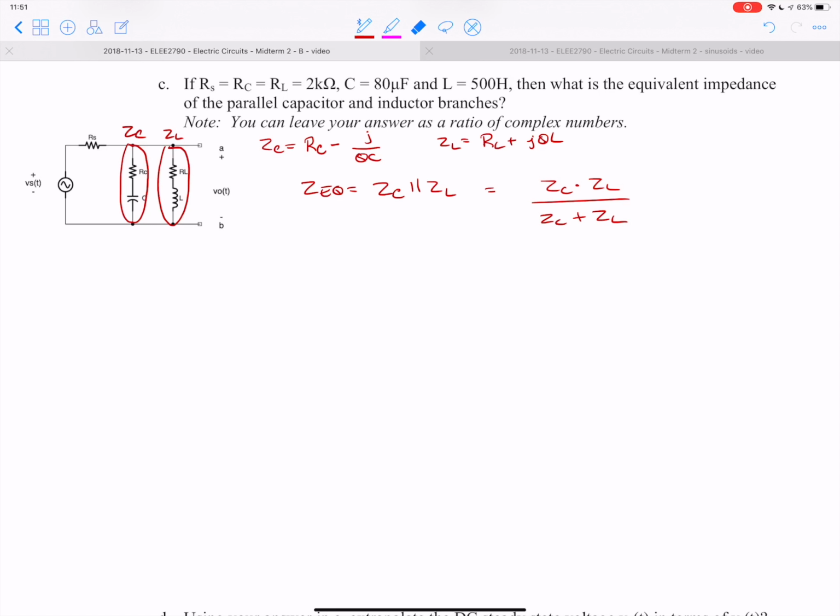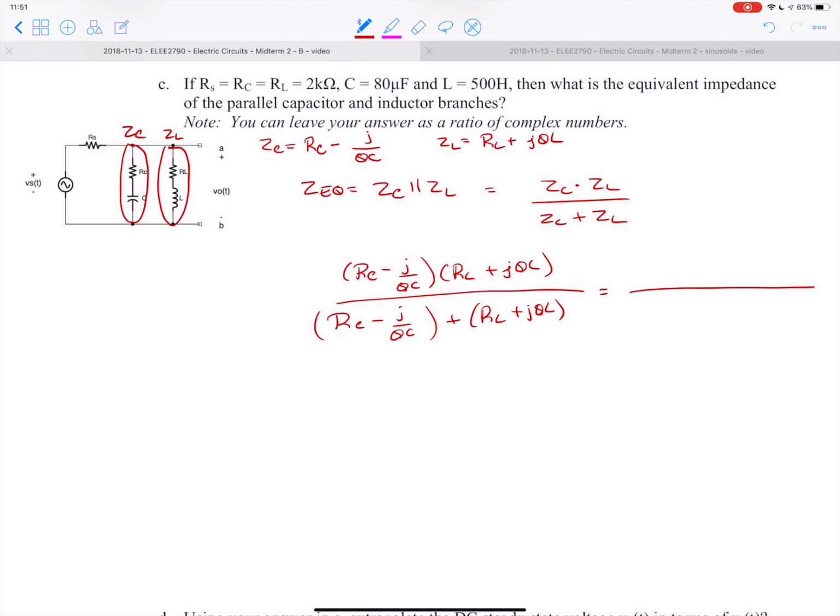Taking these together and looking into our parallel equations, we have RC minus j over omega C times RL plus j omega L, divided by RC minus j over omega C plus RL plus j omega L. If we work with these numbers, then on the bottom, we simply have RC plus RL plus j times omega L minus 1 over omega C, where notice that on that bottom, this looks an awful lot like our regular resonance equation.